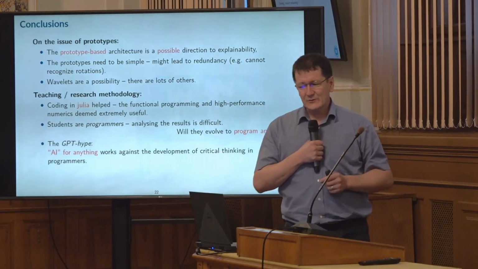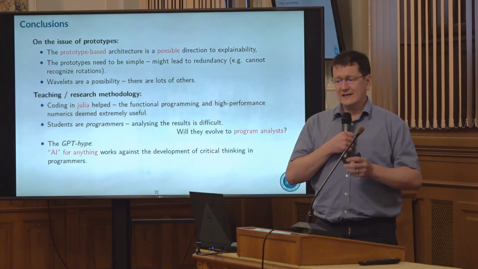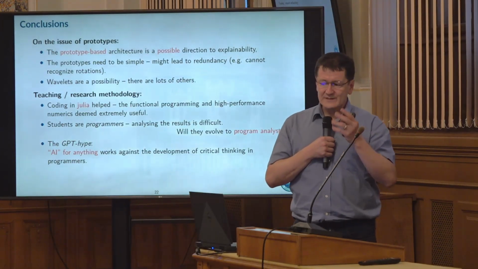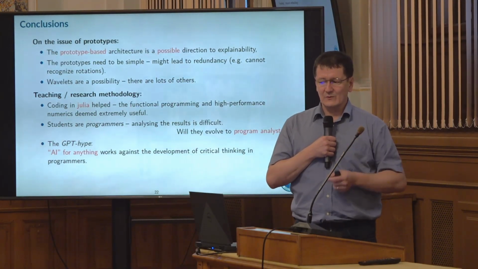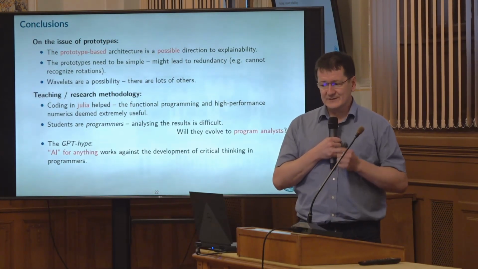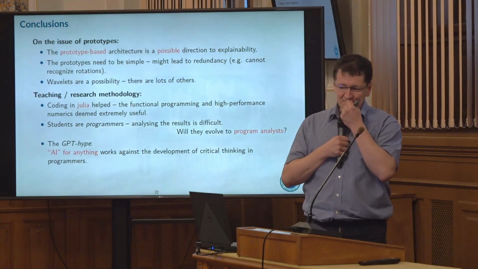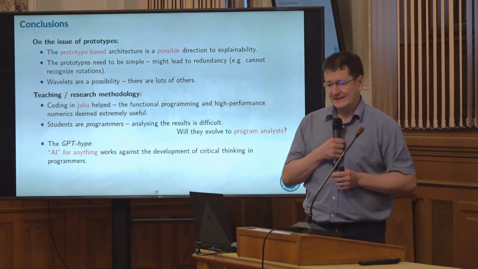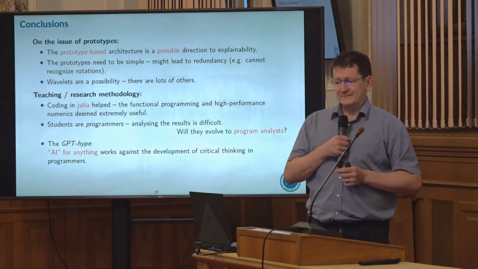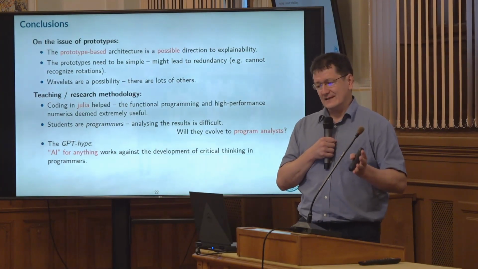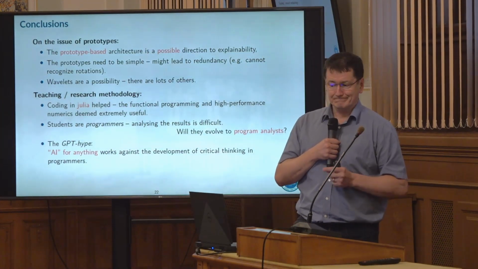So just a few conclusions, and once again, these conclusions are mine. Of course, the prototype-based architectures are a possible direction to explainability. And again, it's better that the prototypes be simple, and that is a good sign, and a bad sign also.